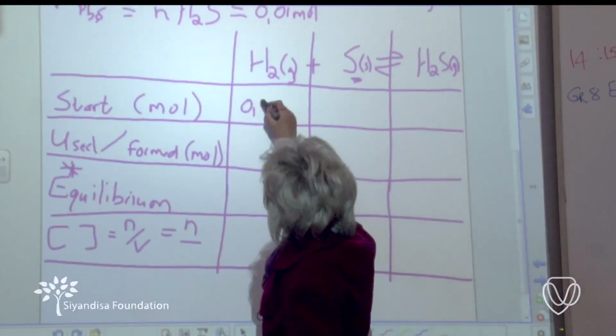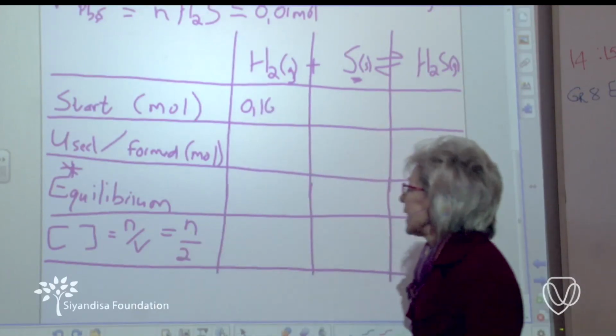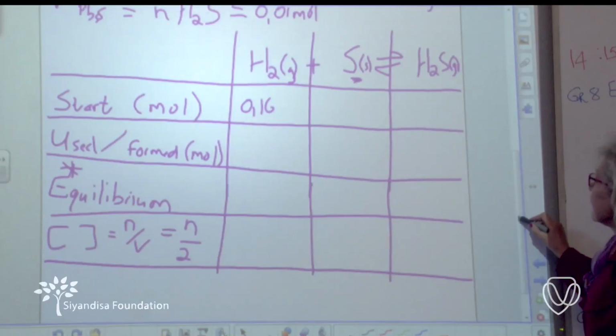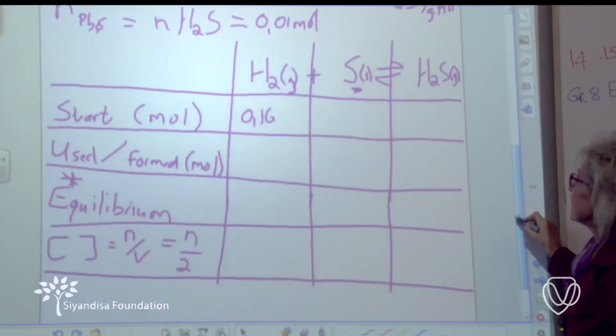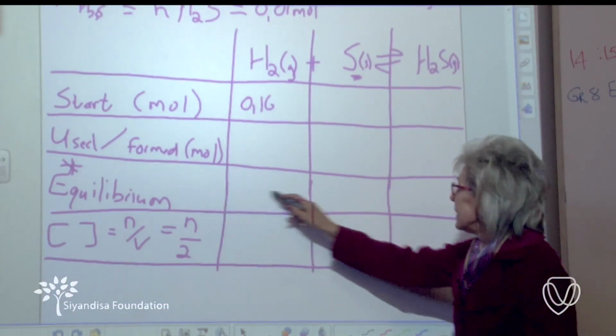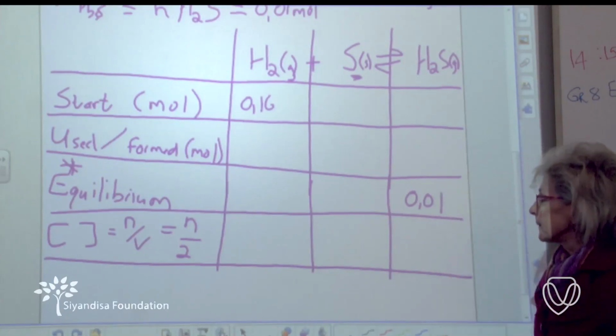So 0.16 was initially entered, the volume is 2, and I've got one other value, and that is at equilibrium, the amount of H2S was 0.01. So at equilibrium, the amount of H2S was 0.01.